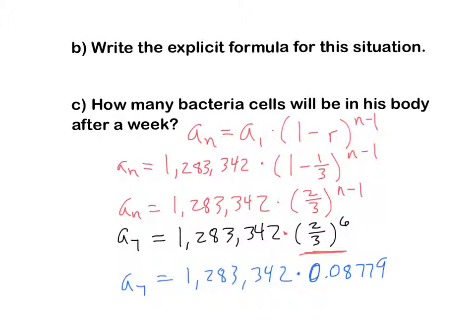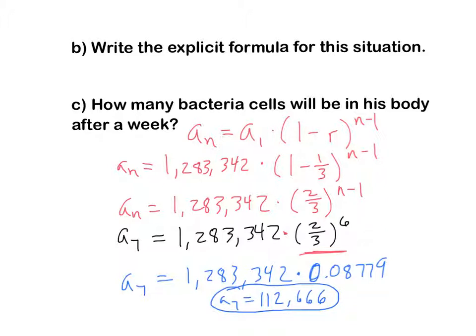So if I take that and now multiply it by 1,283,342, I would get 112,666. So, after 7 days, the number of cells has gone from over 1,000,000 to 112,000.